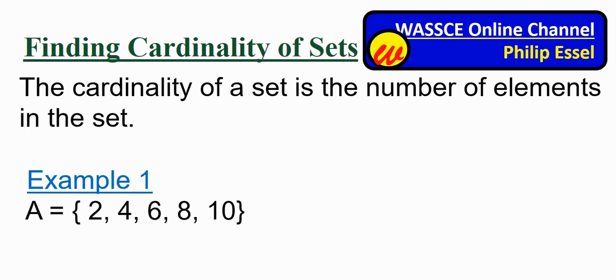So for example 1, we have the set A. The set A is made up of the elements 2, 4, 6, 8 and 10. When you count these elements, they are 5 in number, which means that n(A), which is used to represent the cardinality of sets, is equals to 5.